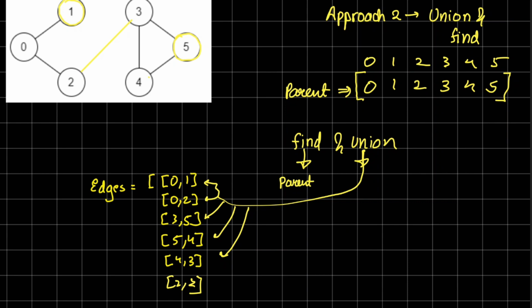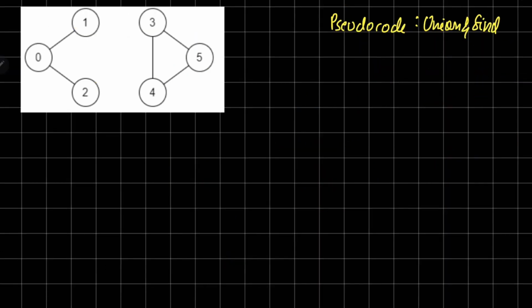Okay, so let's first see the find function. Our find function will have 2 arguments, the array parent and the vertex I for which we want to find the parent. It will be a recursive function.